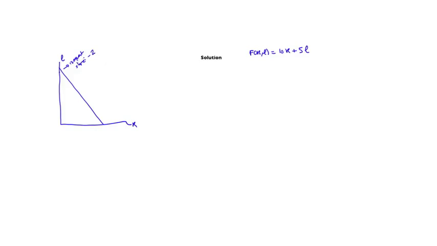Now, I hope that it's very intuitive to you that corner solutions are very likely in this case, because suppose that the isocost lines, so I'm going to draw in red the isocost line, look like this. When they are flat like this, you're going to basically want to be at this point.